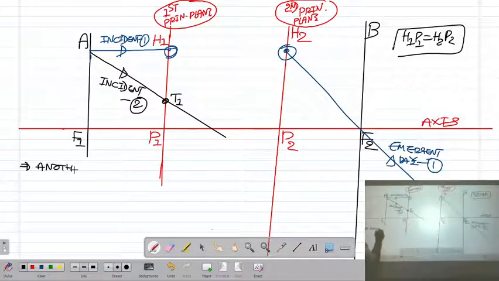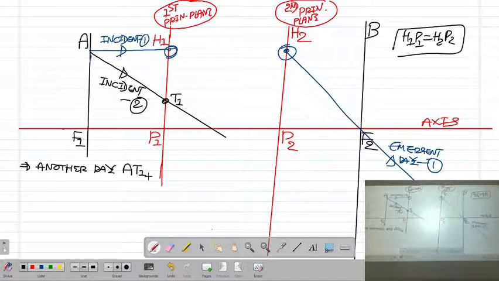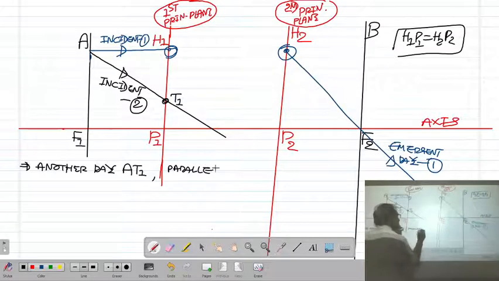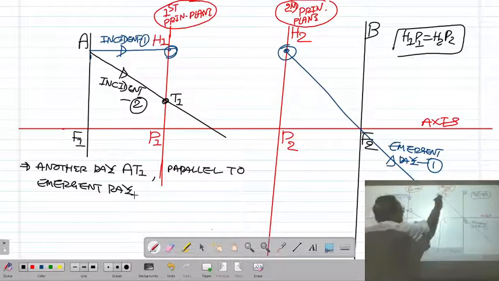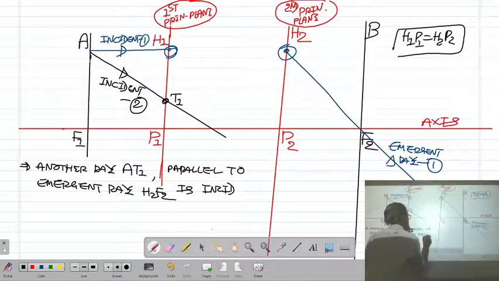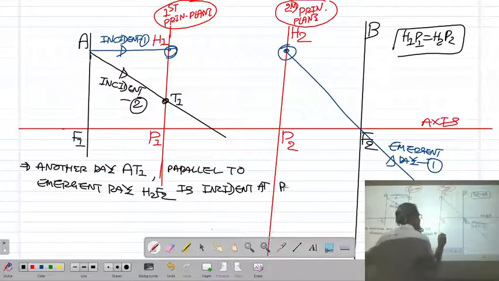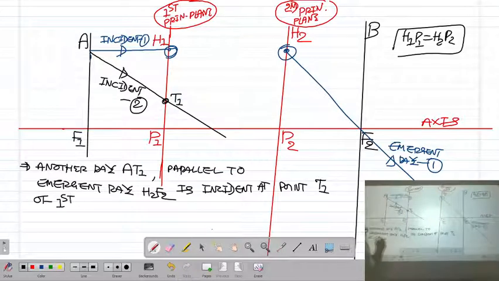Next, another ray AT1, parallel to the emergent ray H2F2, is incident at point T1 on the principal plane.